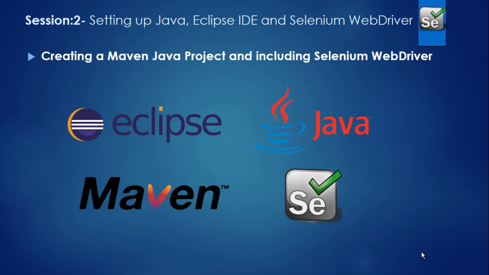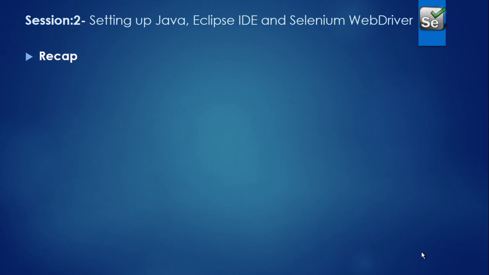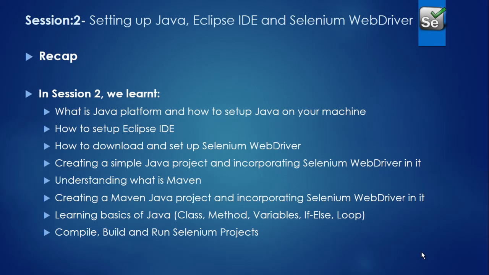So let's recap the whole three parts which we have completed now. We started off with taking an overview of what Java is as a platform. Then we set up the Eclipse IDE on our machines and then downloaded the relevant file for Selenium WebDriver.